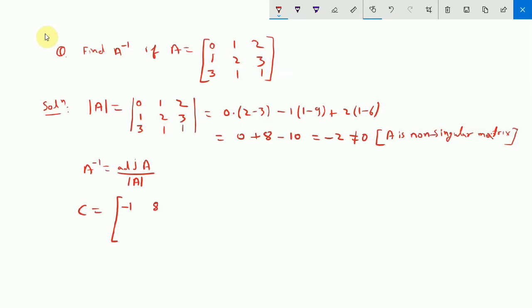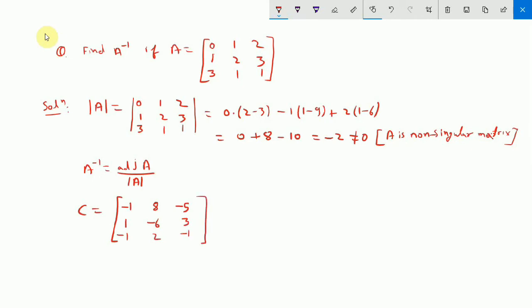And 1 minus 3 into 2, that is 6, so minus 5. Next element is 1 into 1 minus 2, so minus 1, and minus 1 to the power 3 will be 1. So all the elements will be minus 6, 3, 2 and minus 1.